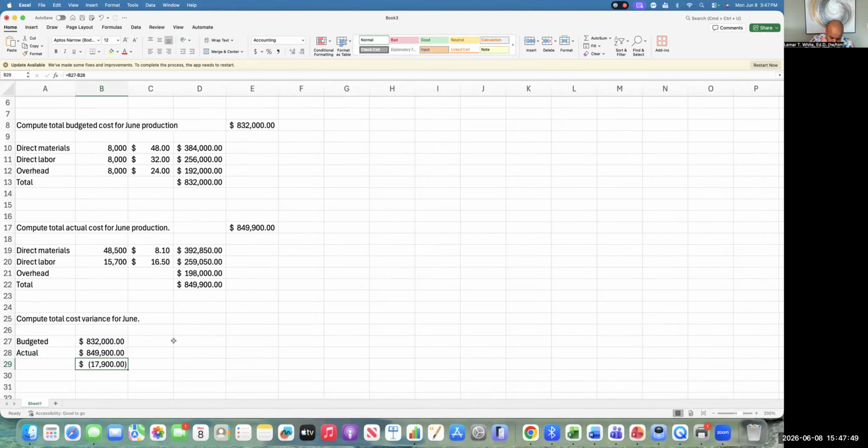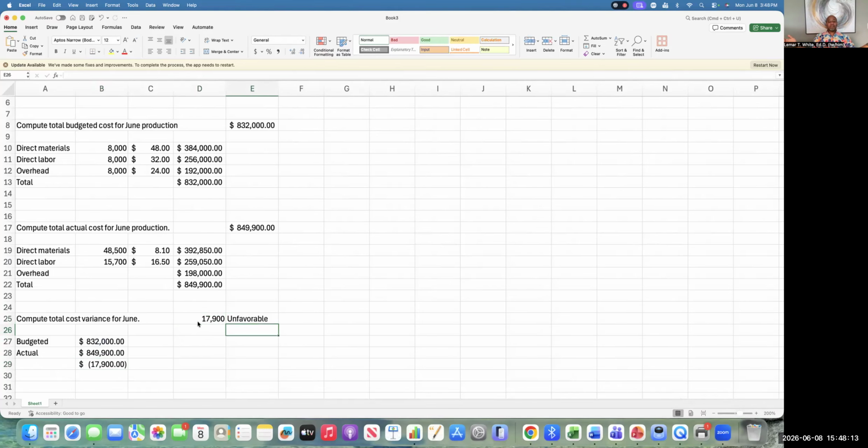Now, what does this mean? It means that I budgeted less than what I actually spent. So I spent more than what I thought I was going to spend. That gives me a variance of $17,900, and we're going to call that an unfavorable variance.